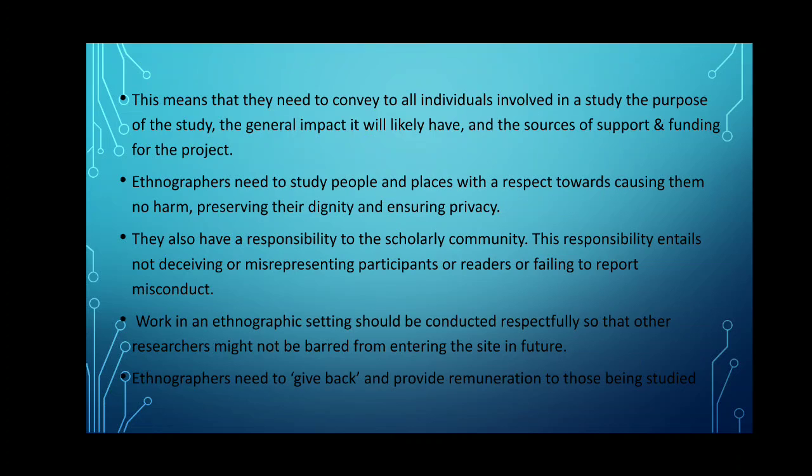We have to do the work very nicely, because if we are creating any problems during the data collection or with the participants, then others who are actually doing the research will not get permission or will not get entry into these sites. So it is very important for us to keep all these things in mind, and that is the ethics which we have to follow as researchers.